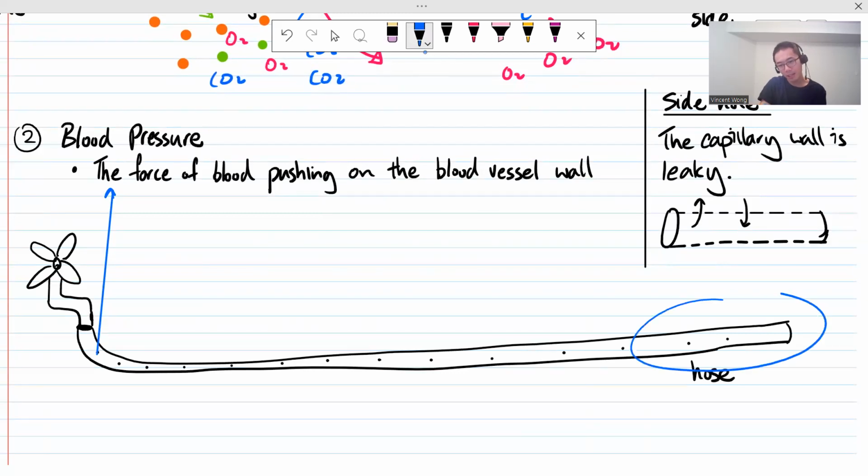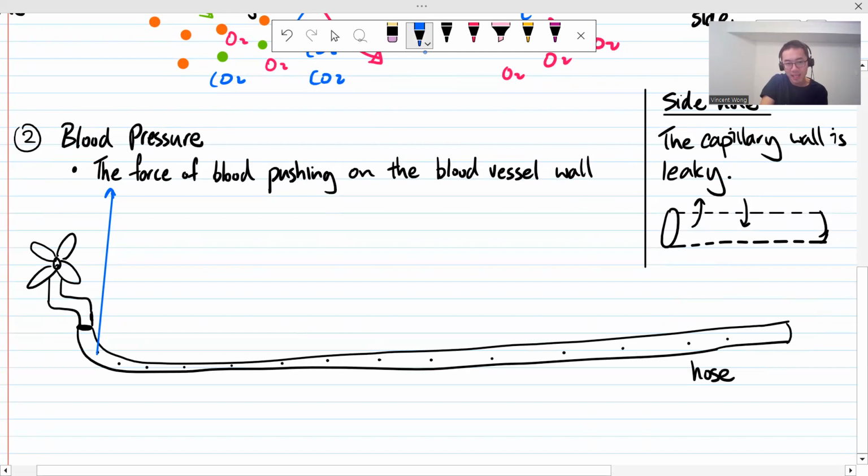But what happens down here? Do you expect the water to be shooting out with the same intensity, greater intensity, or lower intensity when we're further down the hose? What do you think? Lower. Exactly. Very good.